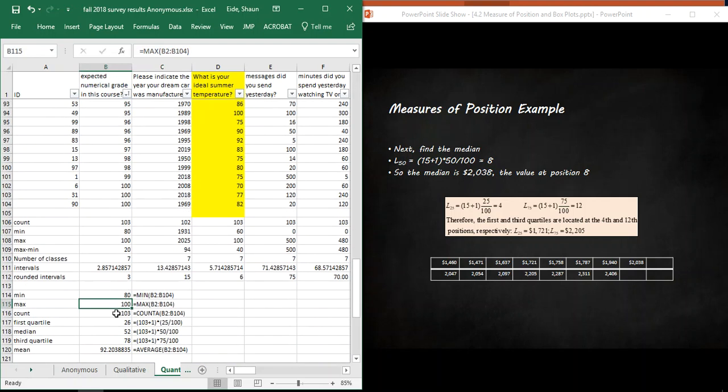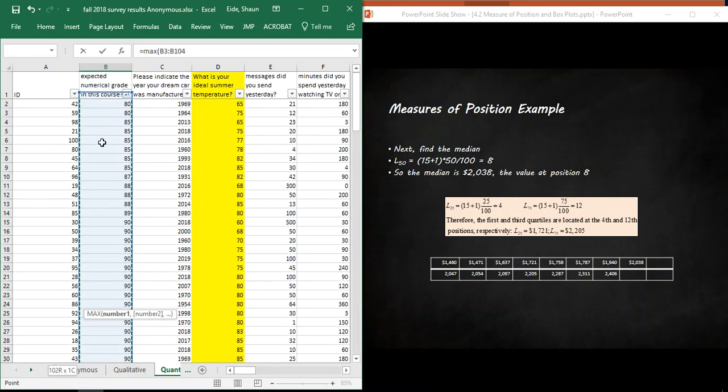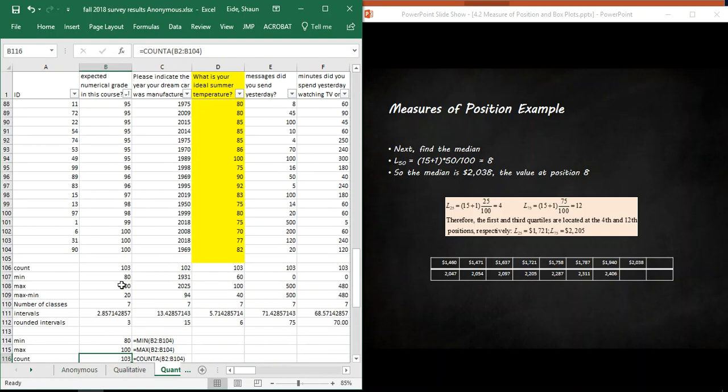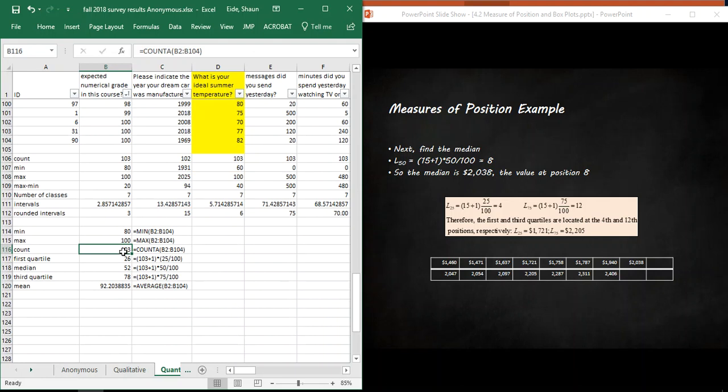Same thing with maximum, equals max, and you highlight your data. And I did the same thing with count, equals count A, then I highlighted the data, and count A counts everything in that range that does not have a blank. So as long as it's not blank, it'll count it. Okay, so there's a total of 103 in my range.